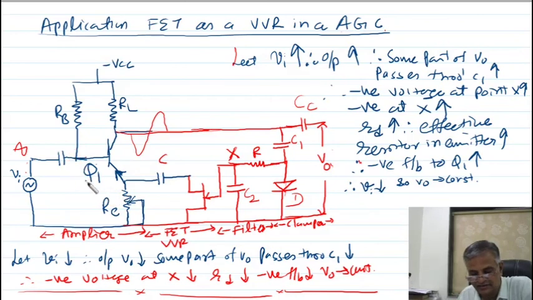As a result, the decrease in Vi will be less compared to the previous one, so your input slightly increases. As input increases, output increases, and the output tries to remain at a constant level. This is called an automatic gain control circuit. In this way, you can explain the working of a FET as a VVR in an AGC circuit.